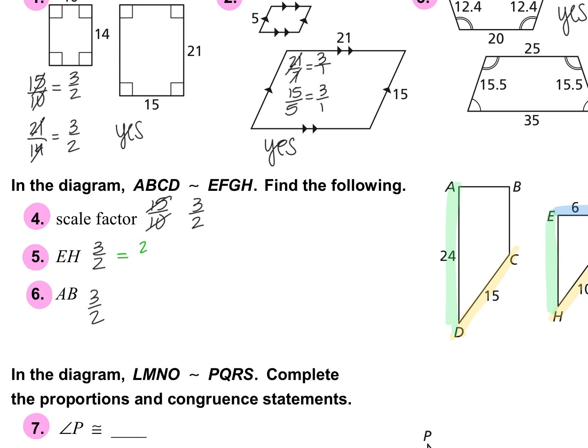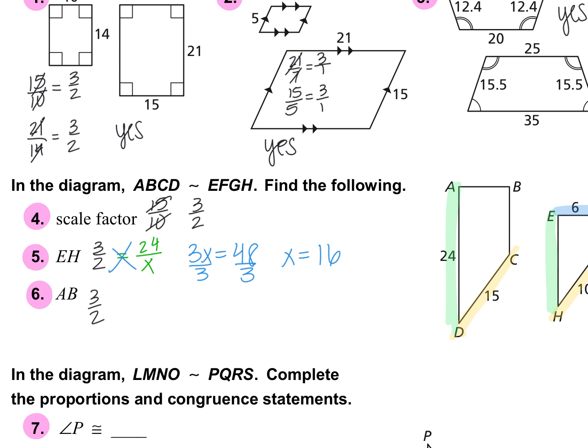So it's going to be 24 over x. All you have to do now is cross multiply. You're going to get 48, or 3x equals 48. Divide both sides by 3, and x equals what? 16, and you're done.